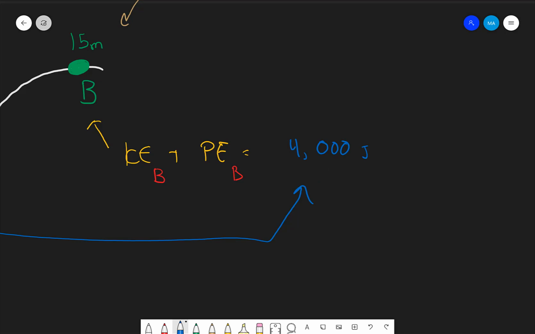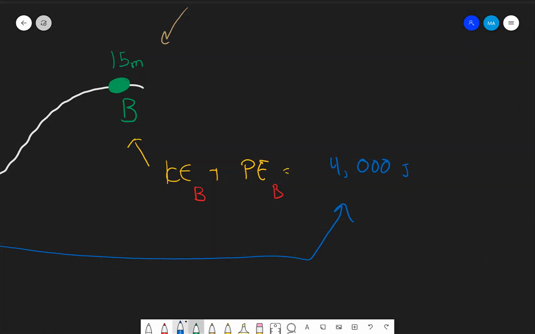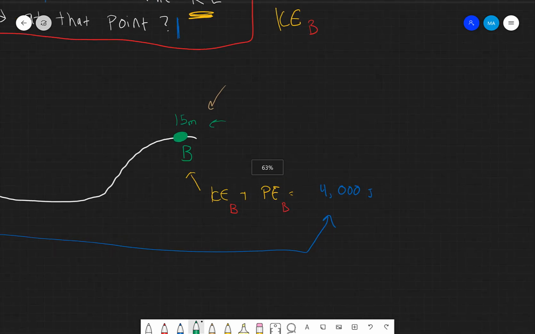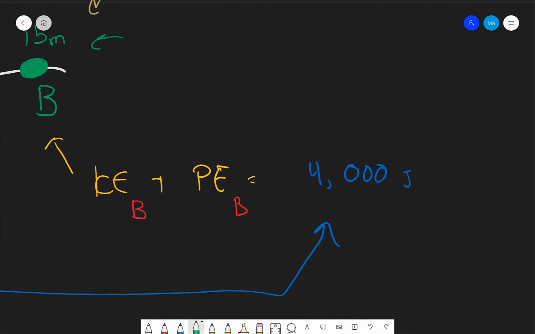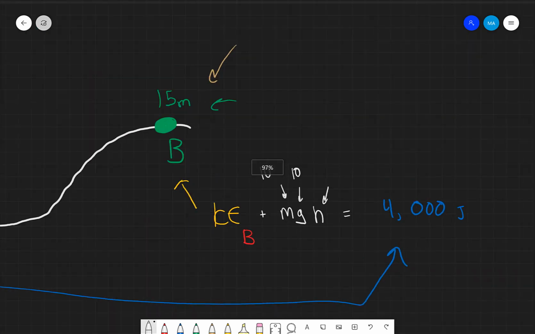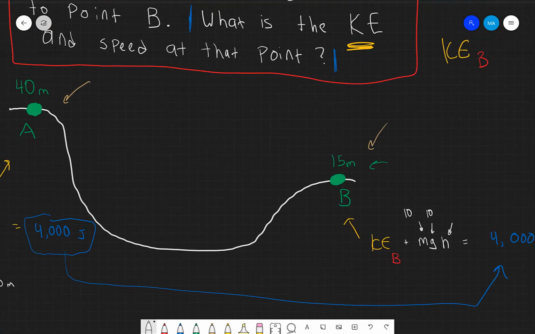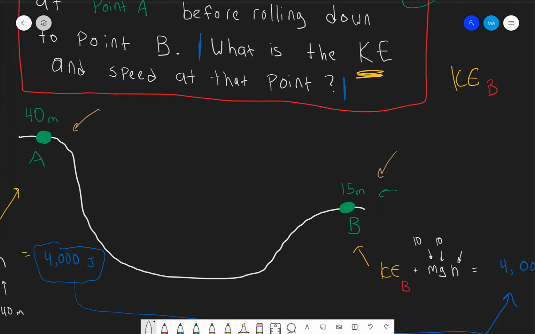I can also figure out the potential energy at point B, because I know point B is 15 meters above the ground. The potential energy at point B is going to be mgh. The mass, just the same as before, is 10 kilograms, and the acceleration of gravity is also 10 meters per second squared. But the height is not the same as at point A. At point A the height was 40, but at point B the height is 15.